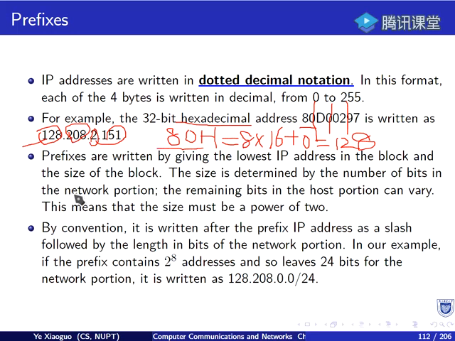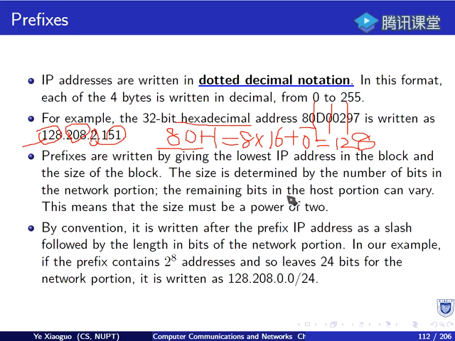Prefixes are written by giving the lowest IP address in the block and the size of the block. The size is determined by the number of bits in the network portion. The remaining bits in the host portion can vary. This means that the size must be a power of 2.